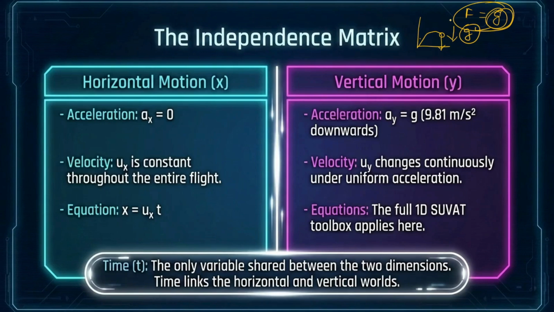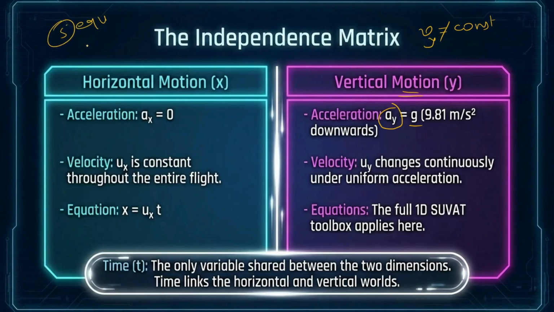That means in the vertical motion, velocity is not constant, meaning Vy is not constant over here. So there must be some kind of acceleration, which is g, and here I write that Uy changes continuously under the uniform acceleration. For that, we already saw five equations we use when a is constant.